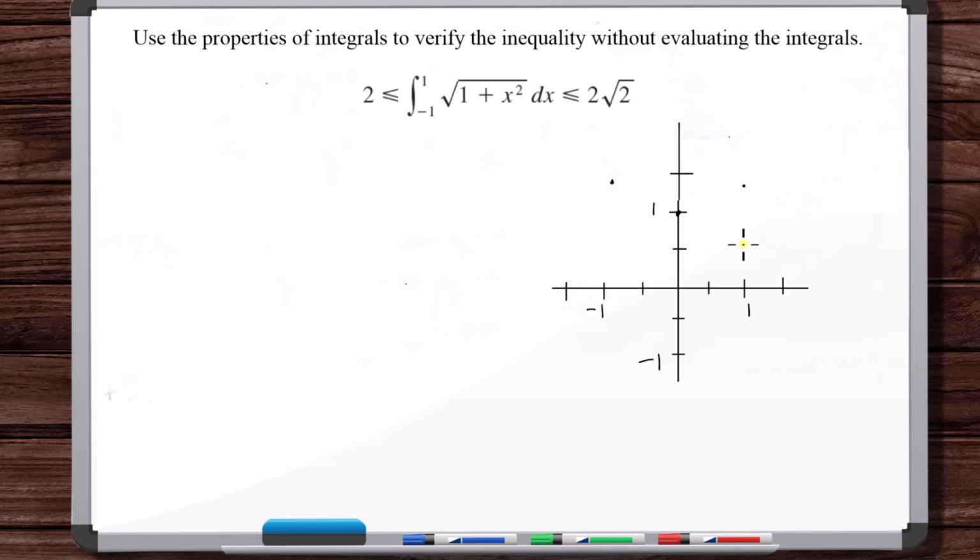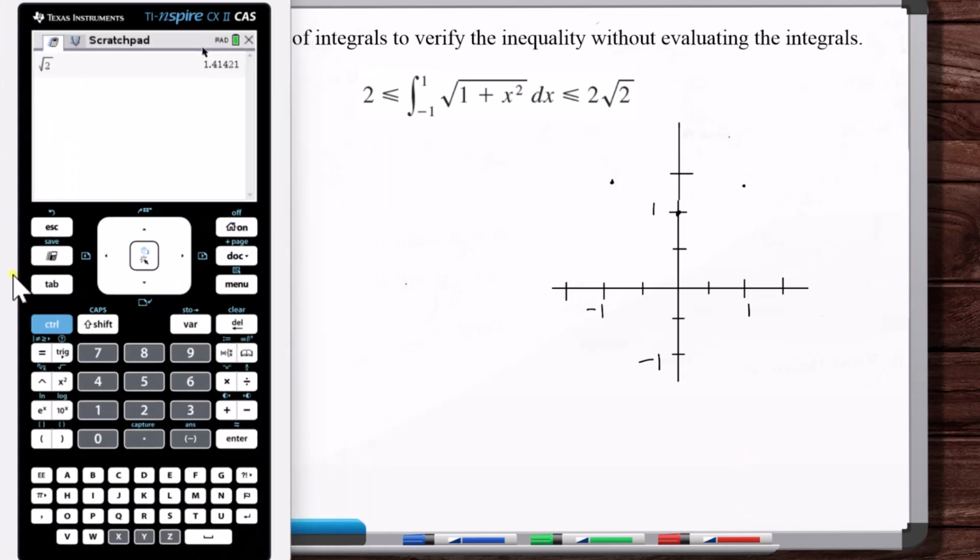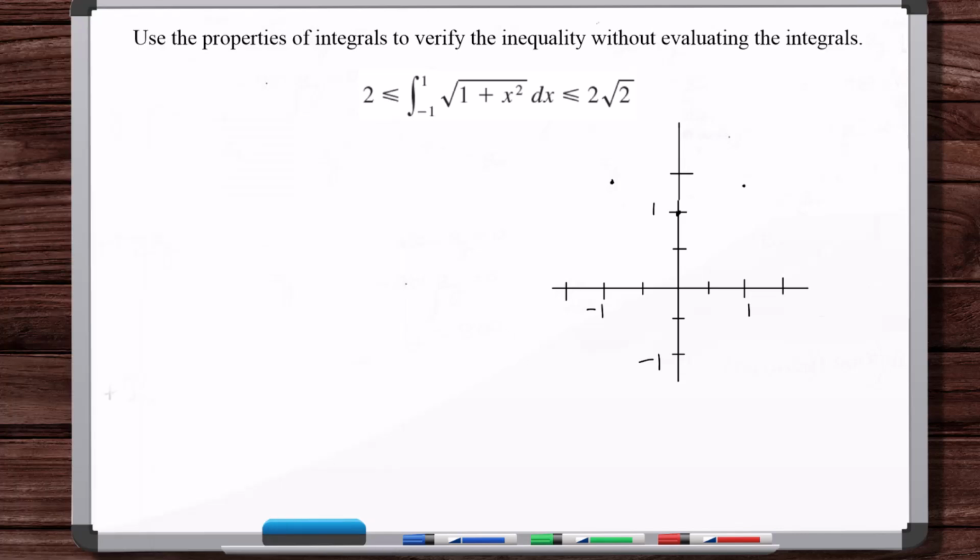When x is equal to 1/2, you've got 1.25, and the square root of 1.25 is 1.12. And this is an even function. It's symmetric about the y-axis.